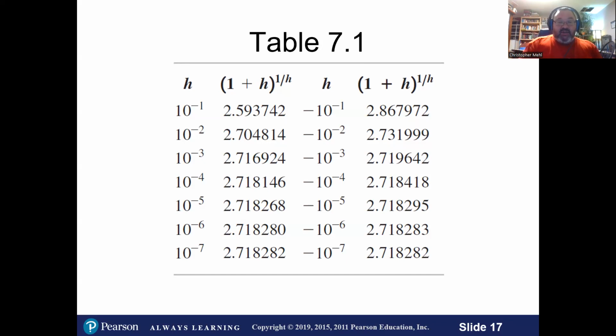And you'll notice that the closer we get to 0 from either side, we get closer and closer to this number, 2.718282, and so on. So in the limit, we get a value 2.718 something.